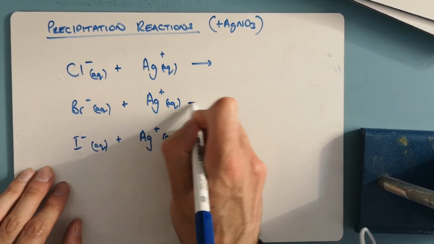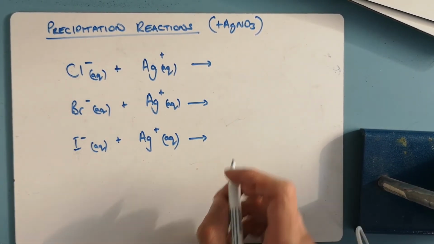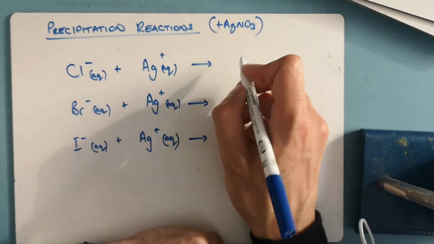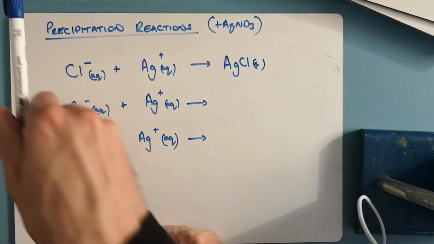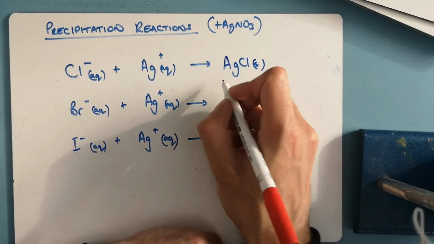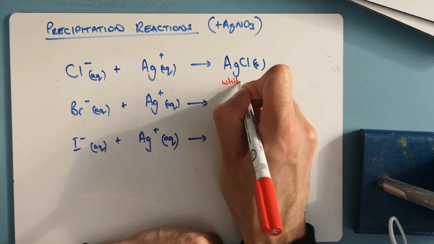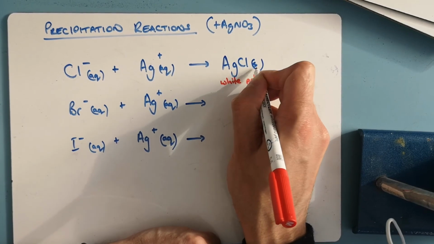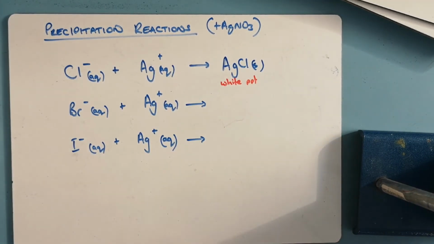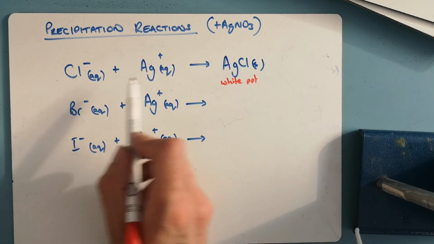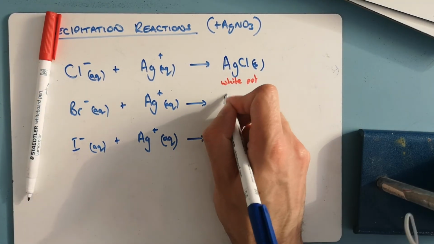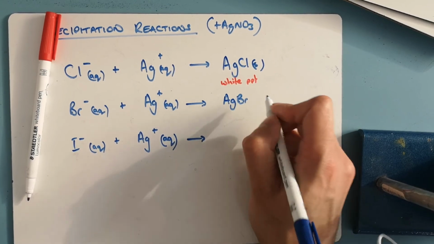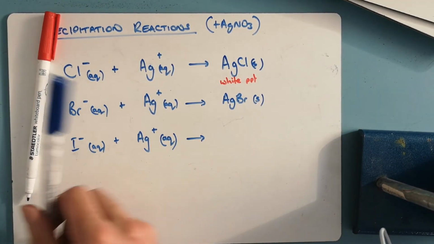But the products they form are solid. So Ag+ plus Cl- goes to AgCl solid, and this is a white precipitate. Notice that it's become solid. If you ever have to draw one of these equations, you will have to include the state symbols. Silver bromide is formed in the second one.